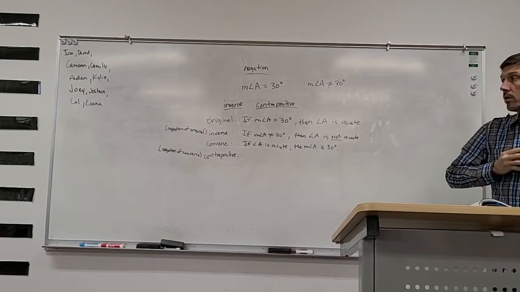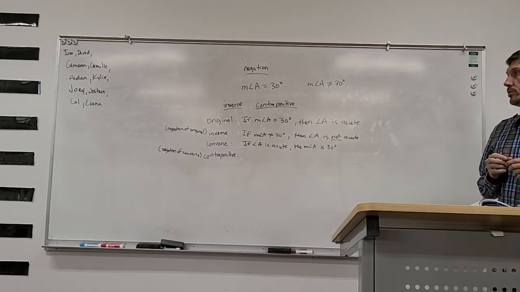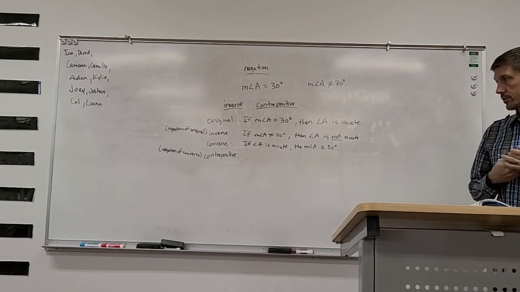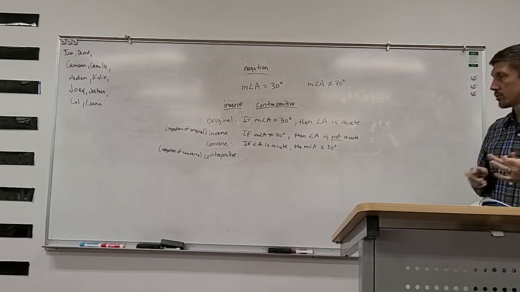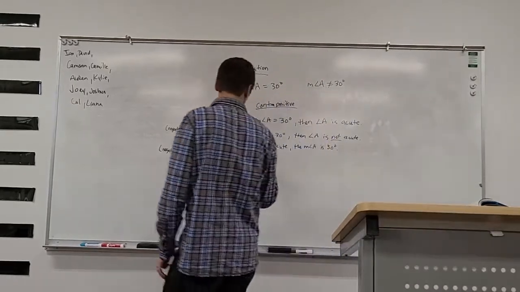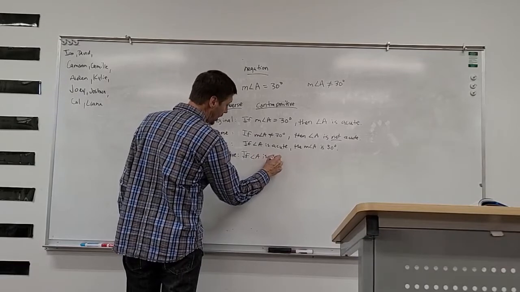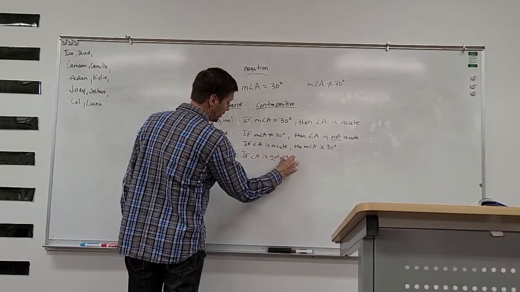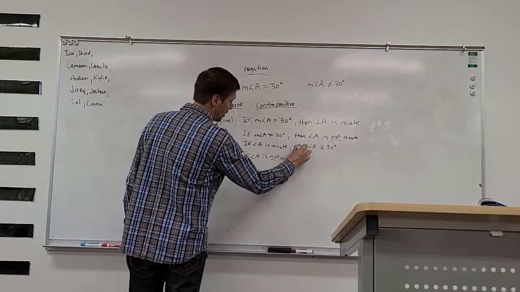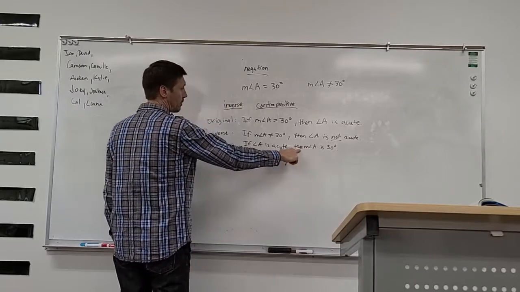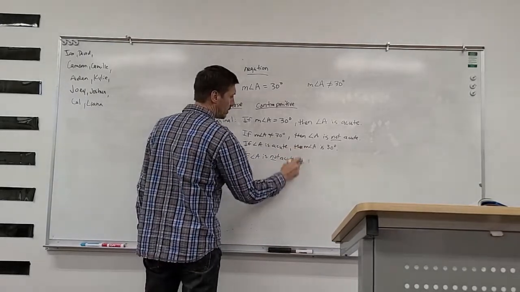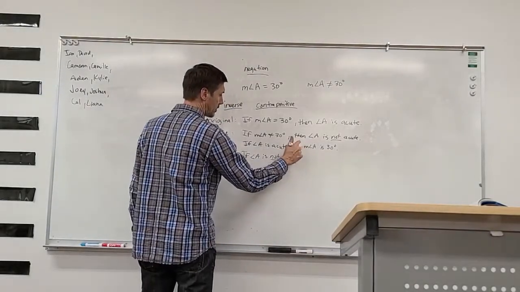And so now we're going to negate the converse. And that's what a contrapositive is. And so we'll say if angle A is not acute, then, that was supposed to be a then, not a the, sorry.